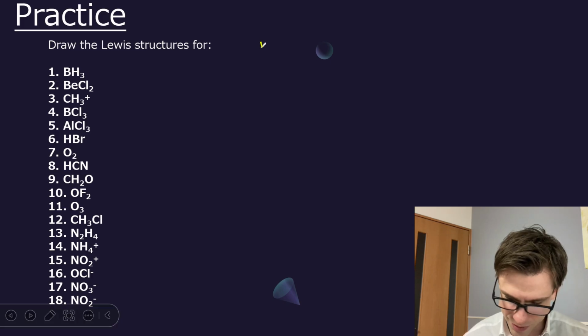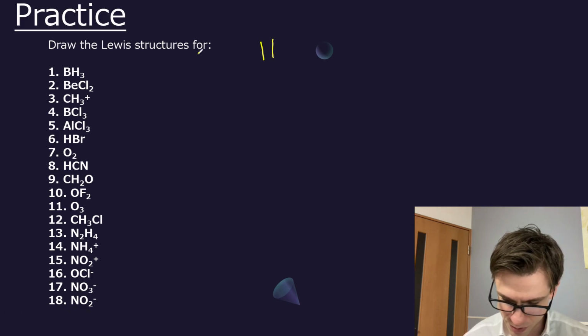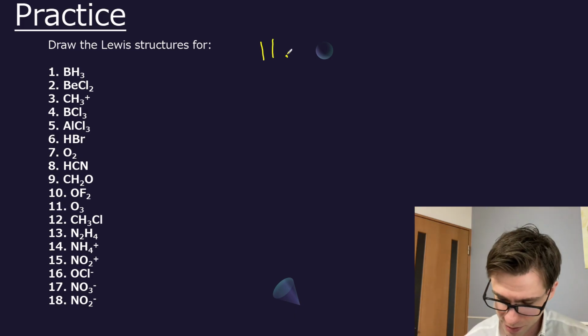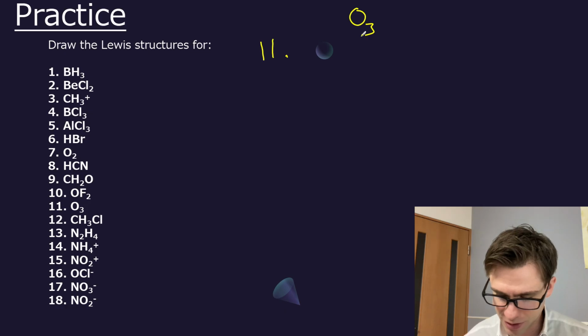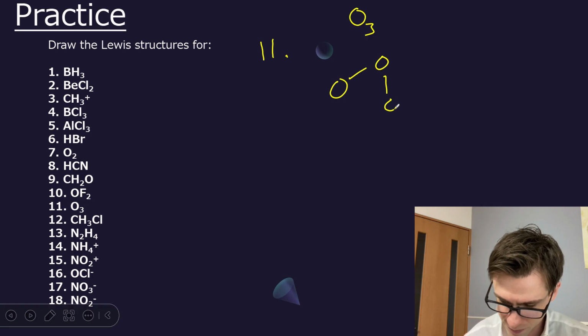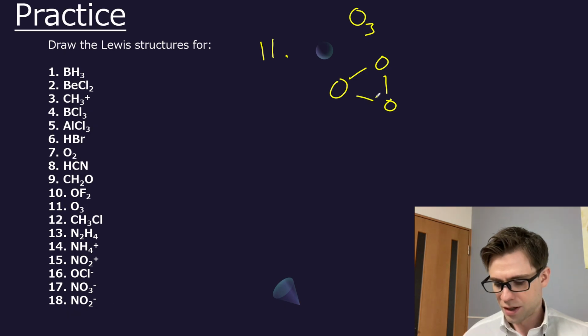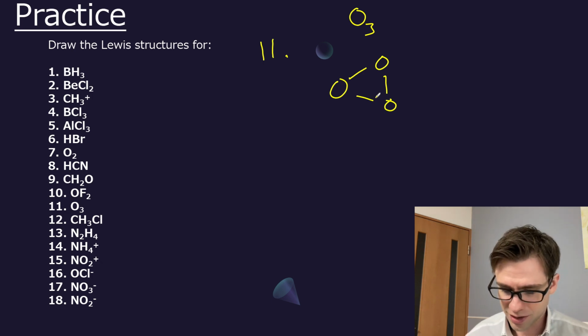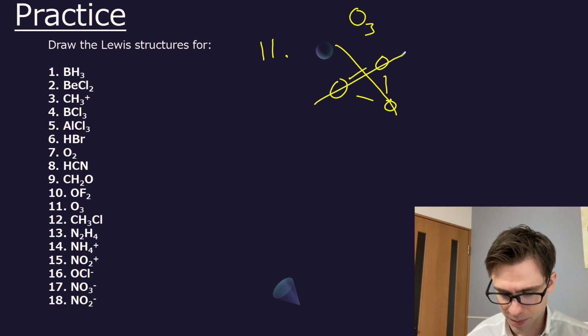Now here's one that always gets people. O3. But this, because it's difficult, does often appear on IB exams. O3. So there's basically only 2 ways that you could think to arrange this. You might think there's some kind of triangle shape. And it is correct to think like that sometimes, especially with carbons or a mixture of carbon and oxygen, but with 3 oxygens, the bond angle of like 60 degrees and the weak oxygen bonds just doesn't happen.